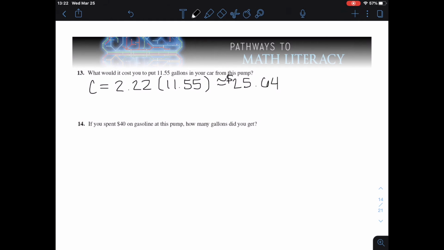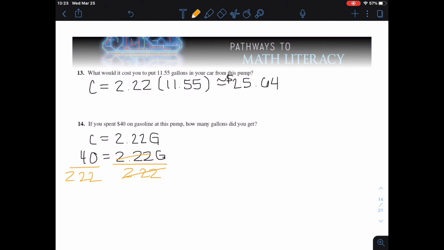If we want to reverse it, if we're told we spend $40 and want to know how many gallons, in this equation I'm given the cost, so I'm going to plug the 40 in for C. So the 40 is equal to 2.22 times the number of gallons. To solve for G, you've got to divide by 2.22, so those cancel, which means you have to do this over here.